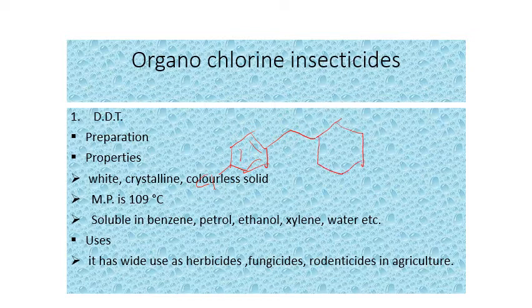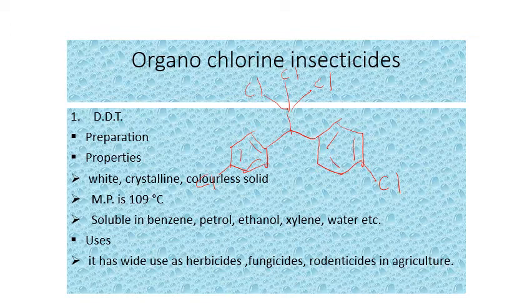There is one chlorinated benzene ring. There is trichloromethane, Cl, Cl and Cl. It is the structure of DDT.